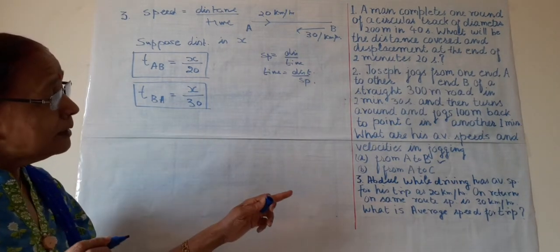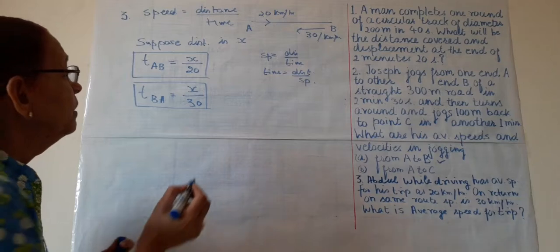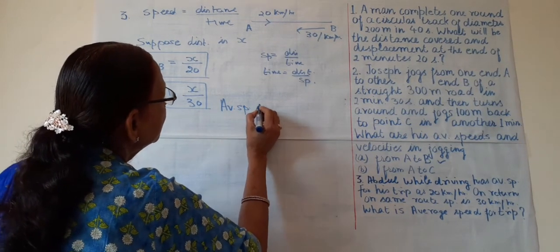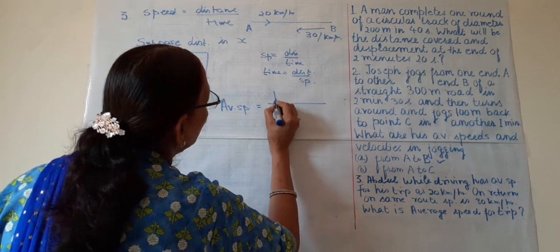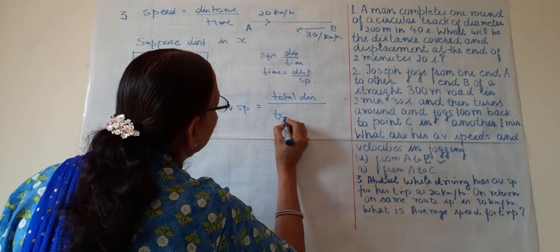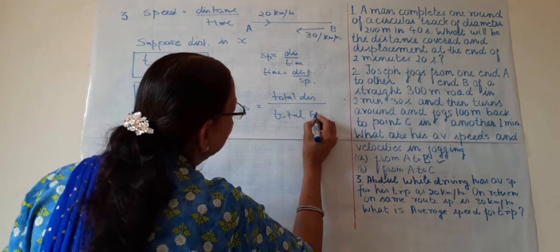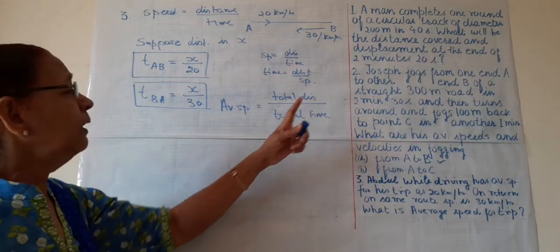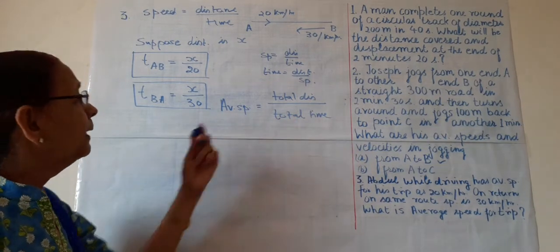Now he has asked average speed. So what will be the formula for average speed? Average speed will be total distance upon total time. We know this formula, total distance covered upon total time taken.